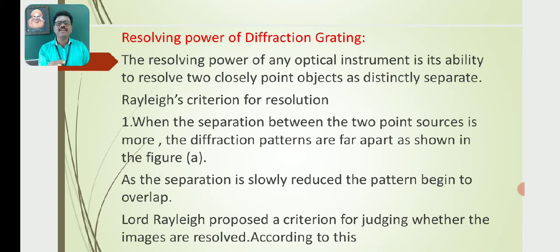The resolving power of any optical instrument is its ability to resolve, its ability to separate two closely lying point objects as distinctly separate.